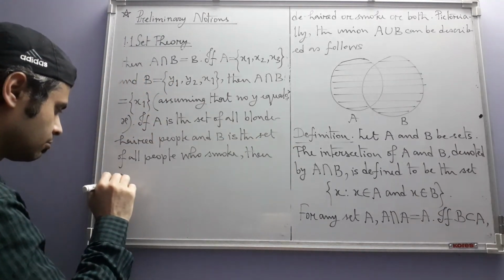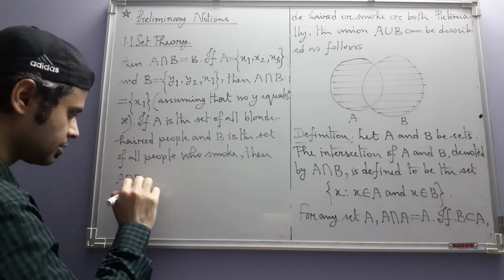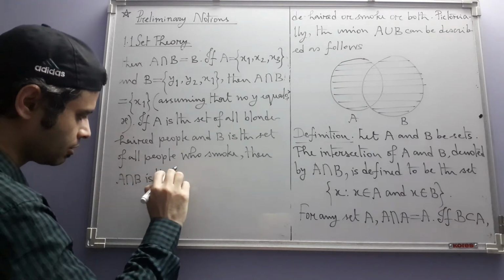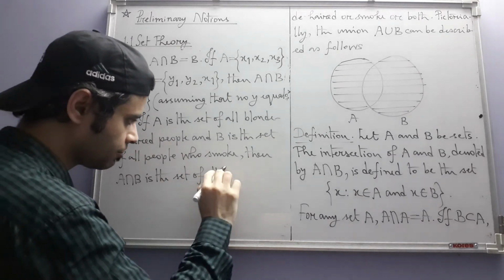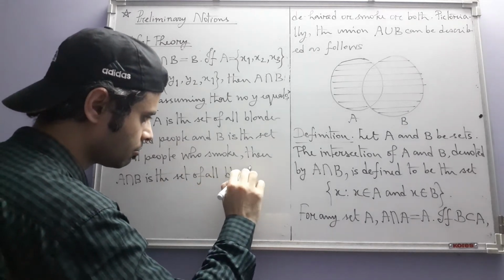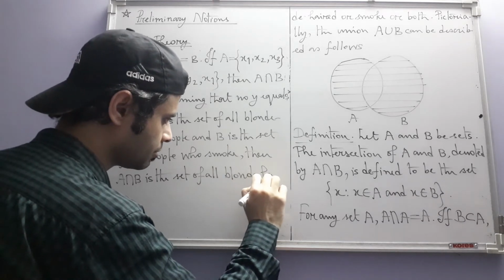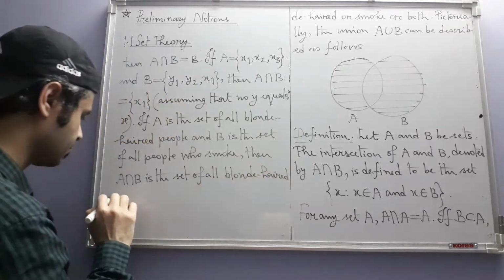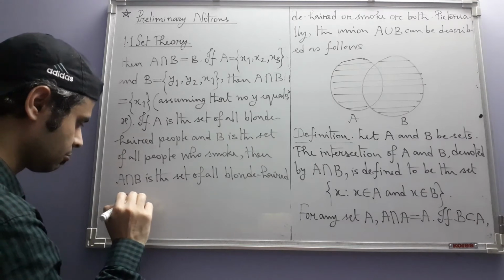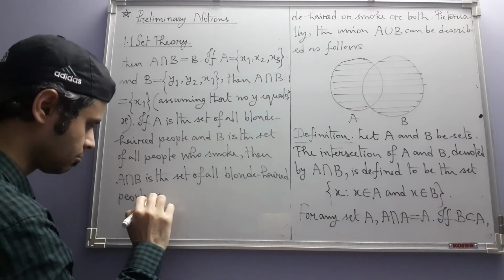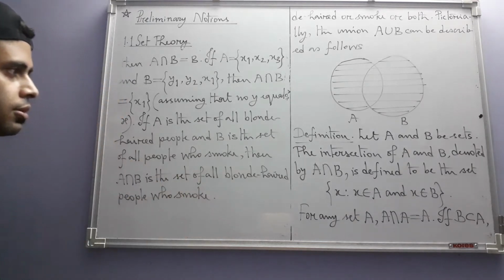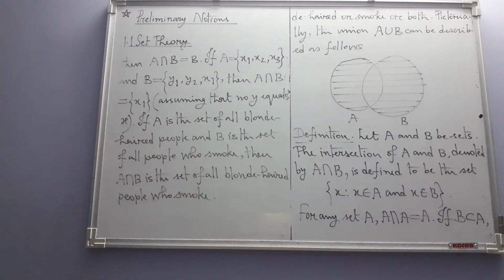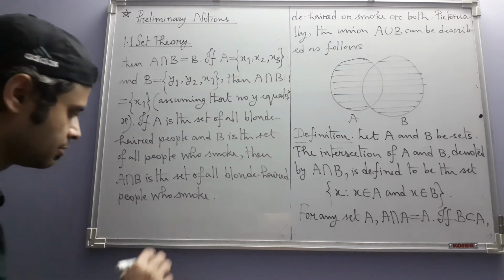Then A intersection B is the set of all blonde haired people who smoke. Now, just like the union, we also have a diagram for the intersection.